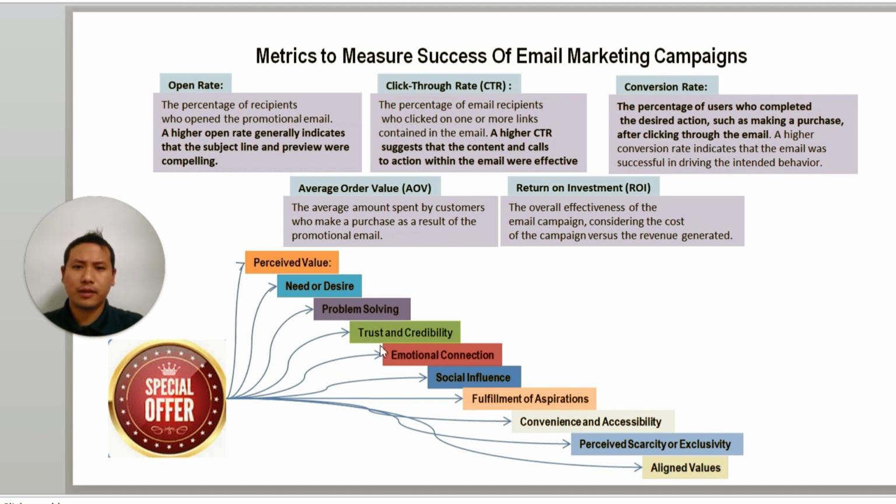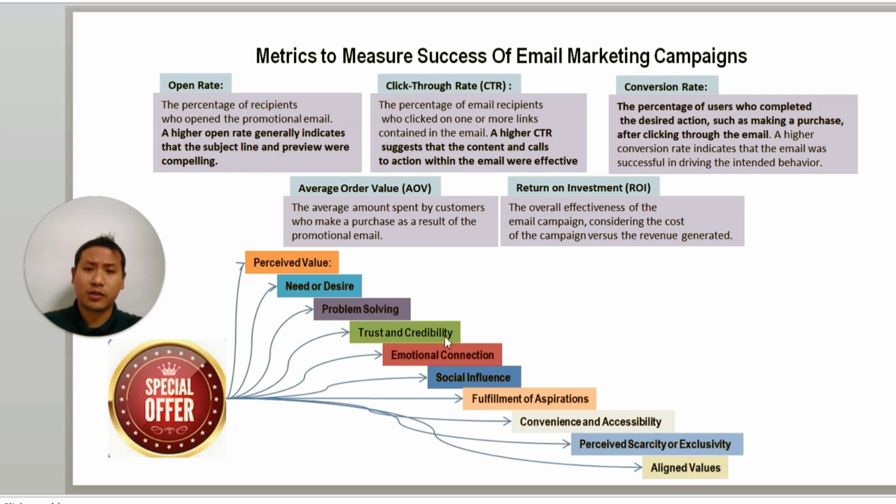There are 10 different ways people perceive this offer, right? The first thing is the perceived value, the second is the need or desire, and the third is the problem solving. This is what you have to really understand.